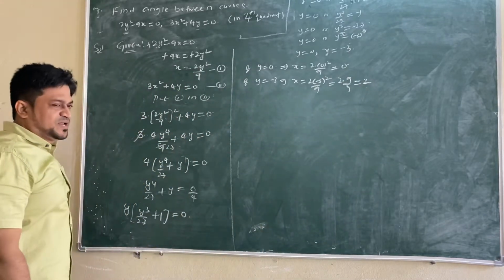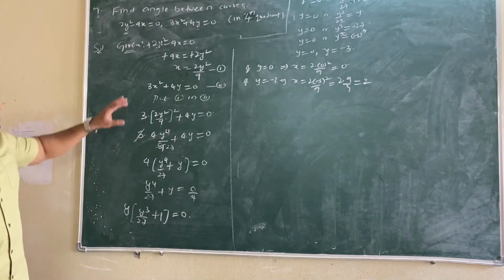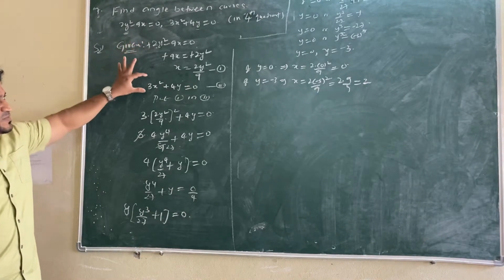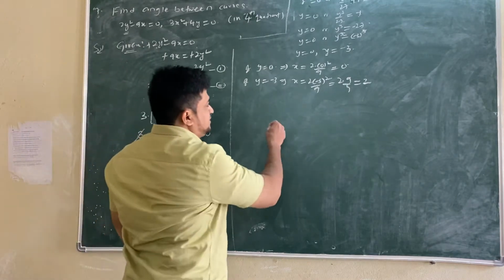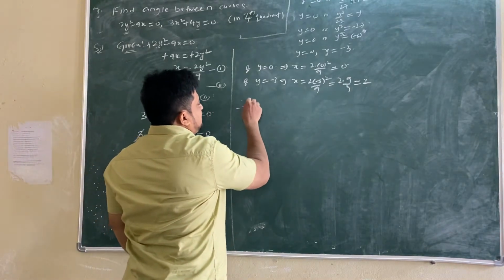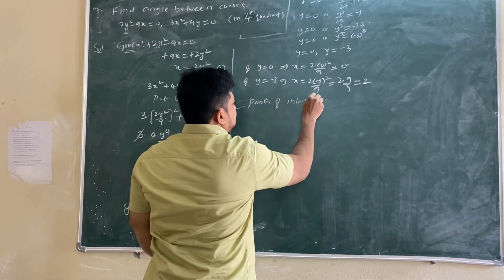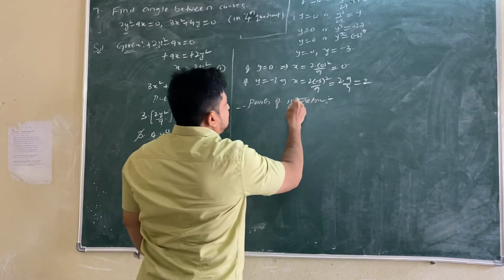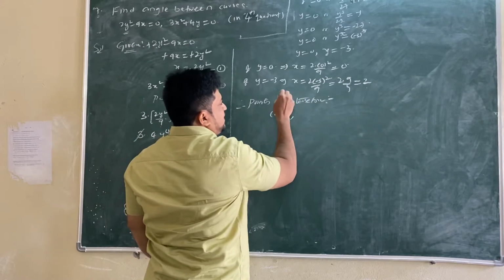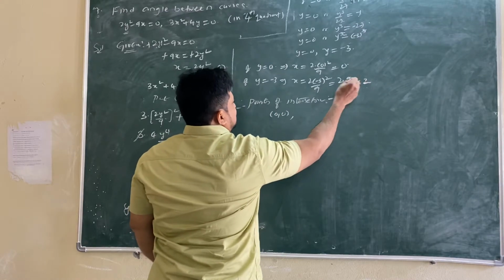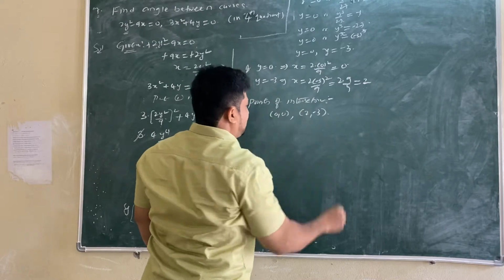Previously we got one case, 2 and 3, equating first one and substituting the value in second. So what we will get here? Therefore points of intersection x comma y: first 0 comma 0 and the other x is 2, y is minus 3, 2 comma minus 3.